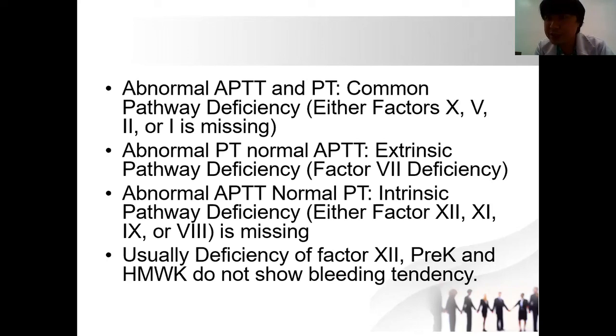Intrinsic includes factor 12, 11, 9, and factor 8. Usually, deficiency in factor 12, as I have stated, prekallikrein, and high molecular weight kininogen do not show bleeding tendency, so it is rare for these patients to manifest hemorrhages.